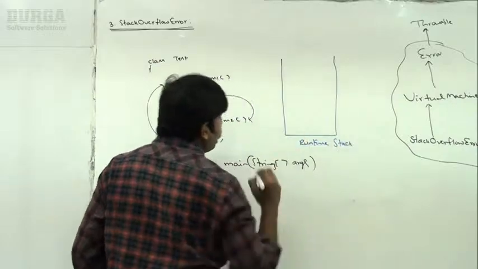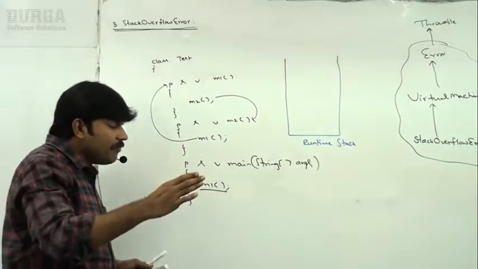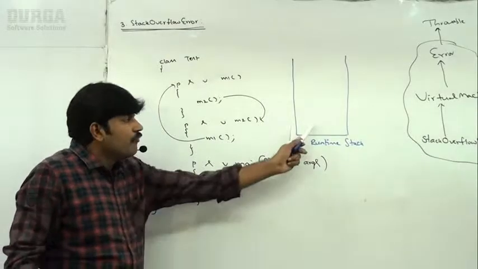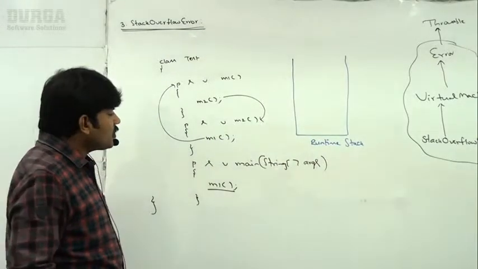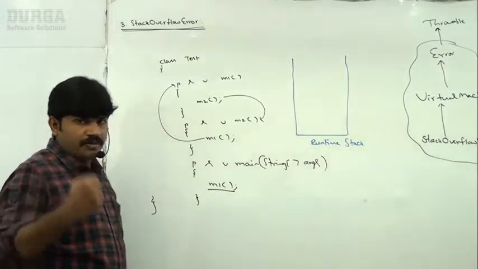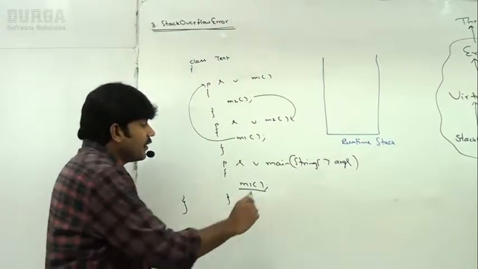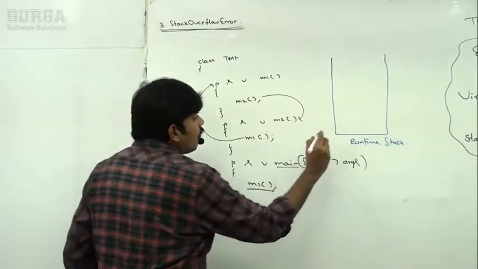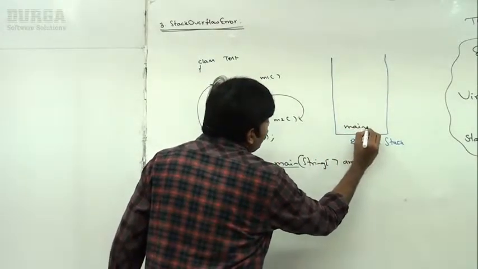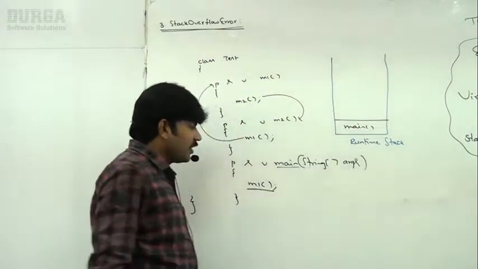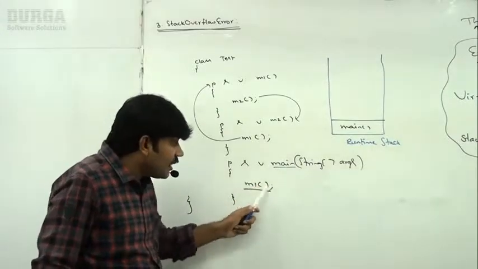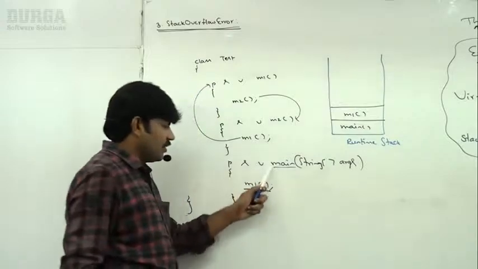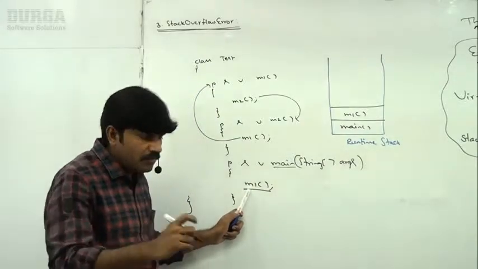Every method call performed by the main thread will be stored here. First, the method executed by the main thread is the main method. So for main, one entry will be stored. Main internally calls m1, so for m1 one entry will be stored.